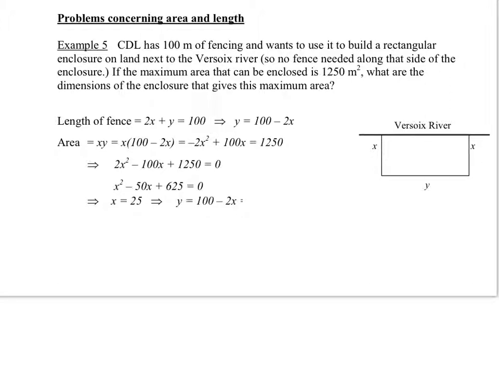And it's reasonably easy to solve that quadratic equation if we just first of all divide each term by 2. So 2x squared divided by 2 gives us x squared. Negative 100x divided by 2 gives us negative 50x. And 1,250 divided by 2 gives us 625.